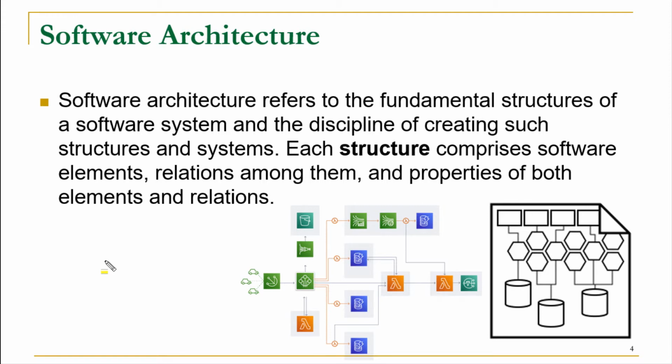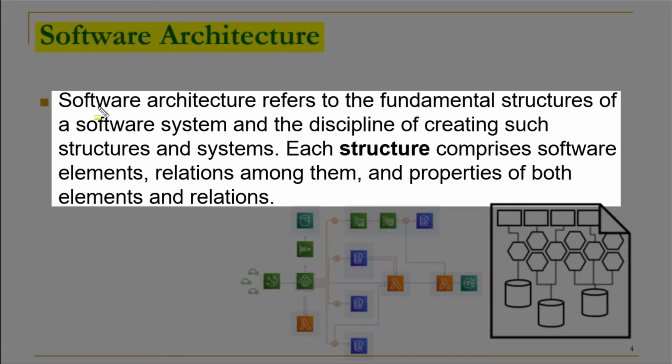How you decide to arrange or structure them will be called the software architecture. According to Wikipedia, software architecture refers to the fundamental structures of the software system, and the discipline of creating such structures and systems. Each structure comprises software elements, relations among them, and properties of both. By both we mean the elements and the relations.